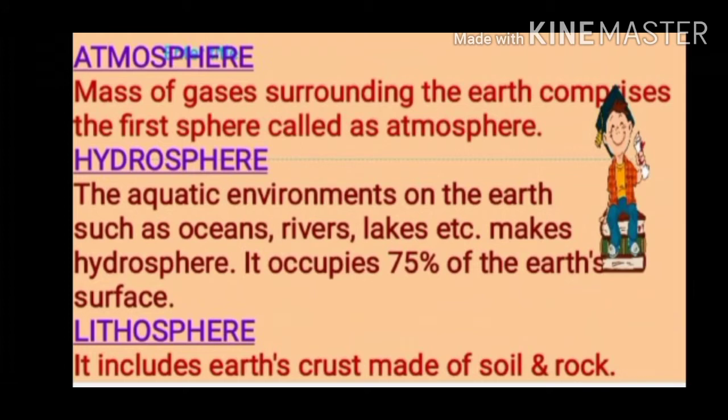Mass of gases surrounding the earth comprises the first sphere called as atmosphere. The aquatic environments on the earth such as oceans, rivers, lakes, etc. makes hydrosphere. It occupies 75% of the earth's surface. Lithosphere. It includes earth's crust made of soil and rock.